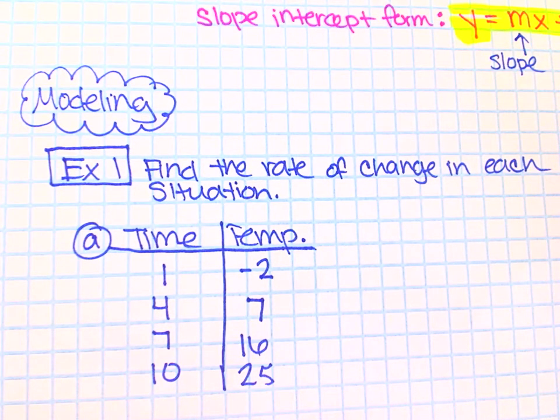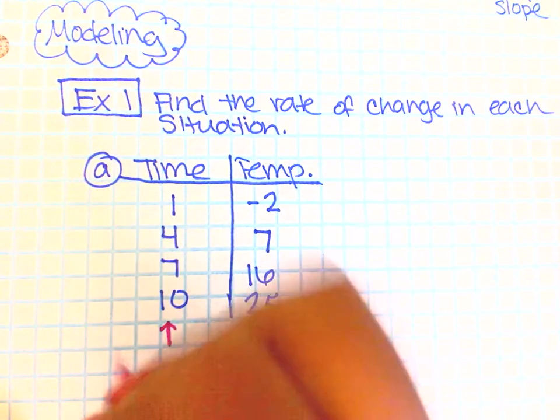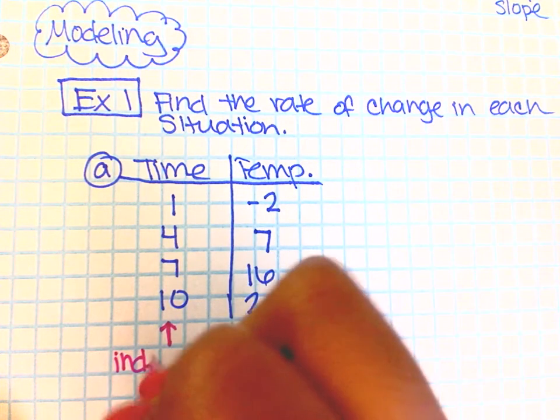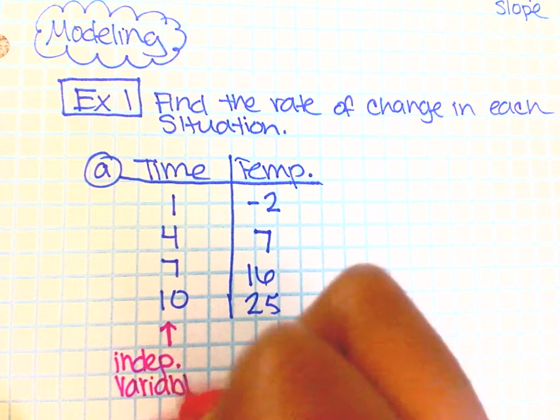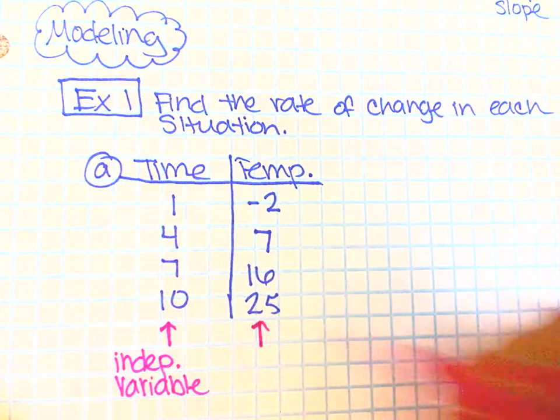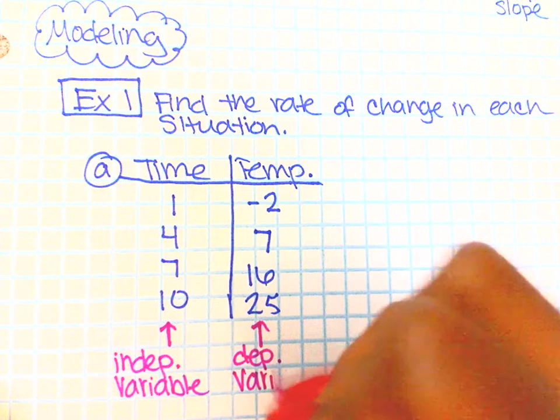Now, let's label that the time represents the independent variable. And the temperature represents the dependent variable.